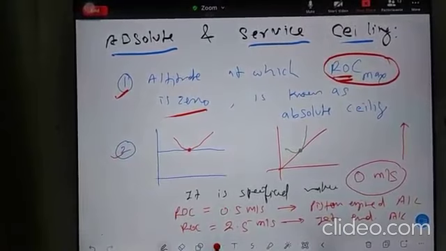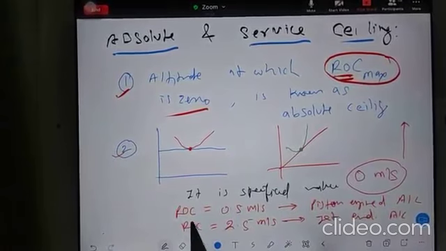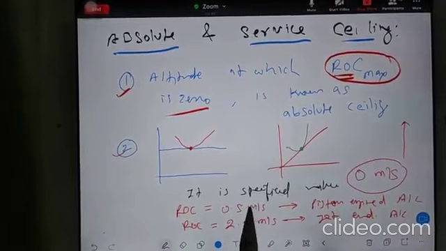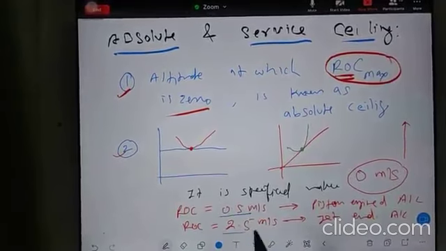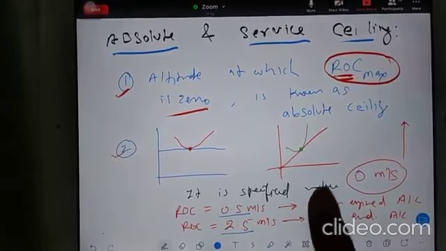It means what? You should go only till that altitude where you can maintain only this much rate of climb. You should not cross that altitude.